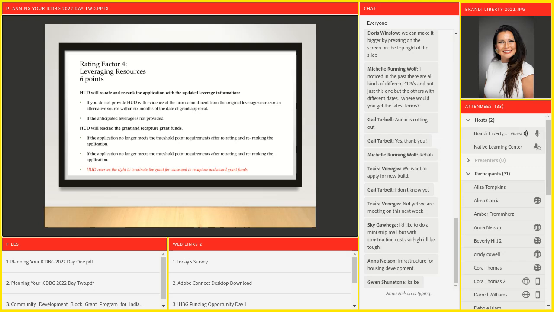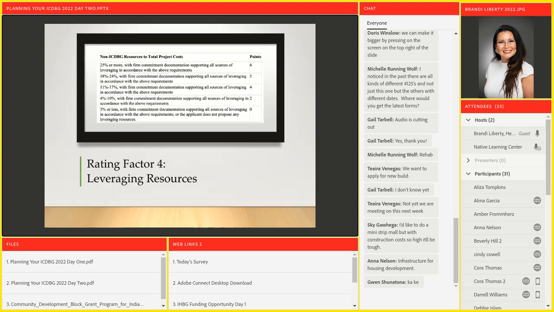HUD will rescind the grant and recapture grant funds if your application no longer meets the threshold point requirements after re-rating and re-ranking. And HUD does reserve the right to terminate the grant for cause and recapture any grant funds.